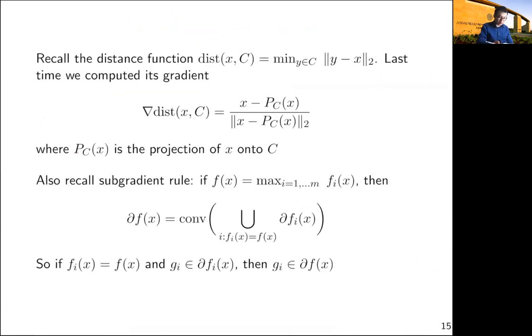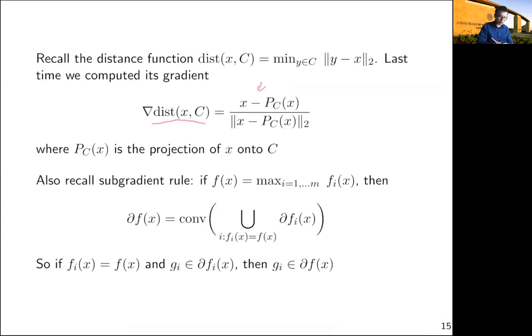We've already worked out that when x is outside the convex region C, the distance to the convex set function is actually differentiable, from the previous lecture, and the gradient is this. It's the difference between x and the projection of x, normalized by the distance.